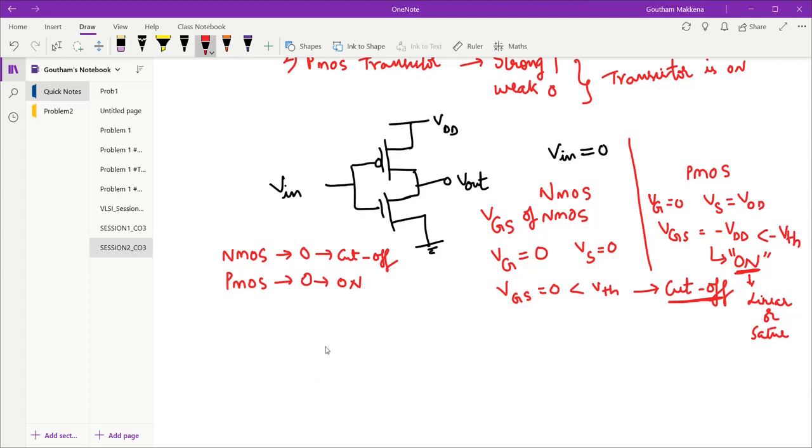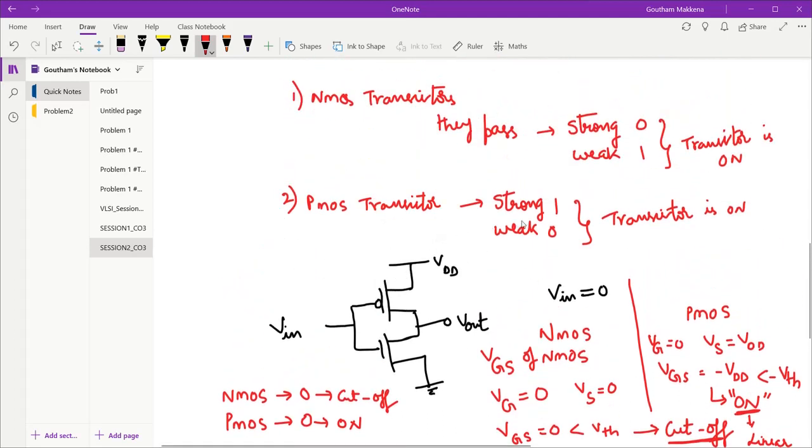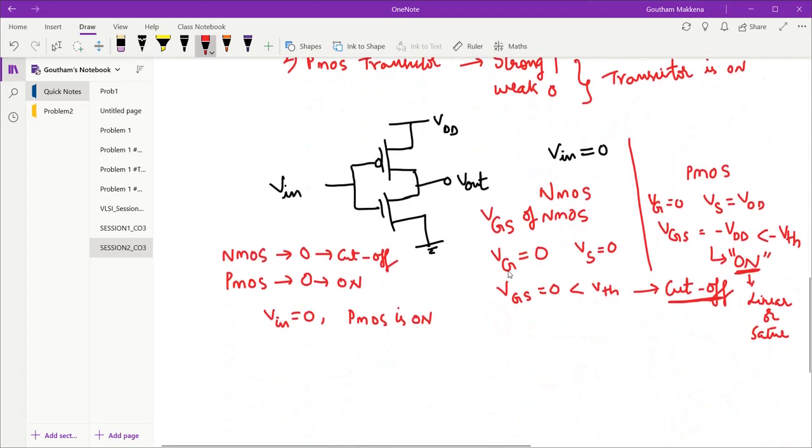Now when Vin is equal to 0, like we discussed previously, the NMOS is cut off and the PMOS is on. And when the PMOS is on, as we have discussed previously, it passes a strong 1. One end of the PMOS is already VDD, and because it is on, Vout will get a strong 1. One is nothing but VDD, so Vout is equal to VDD.